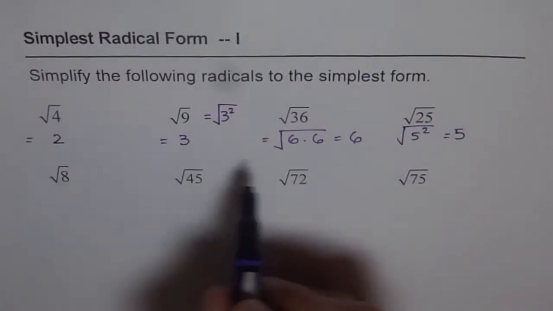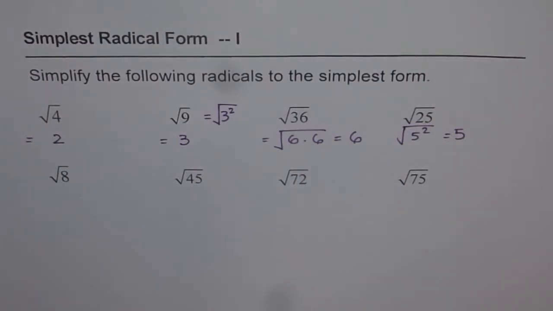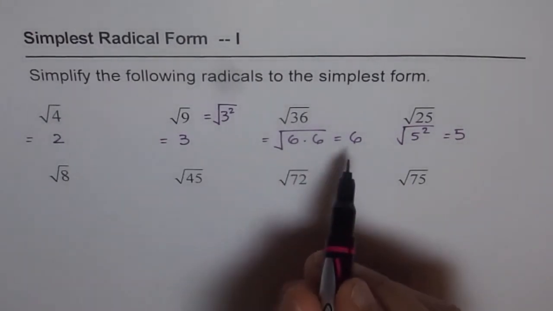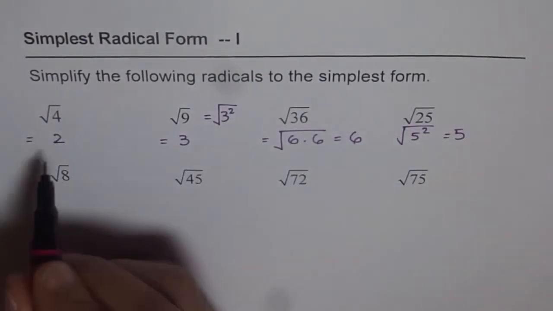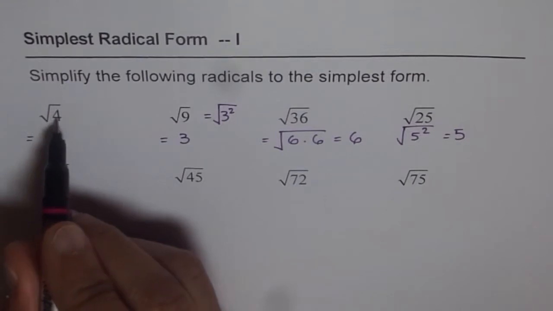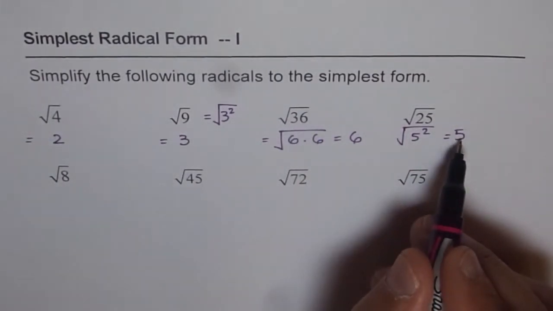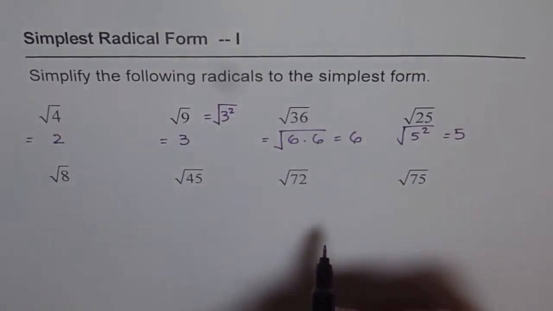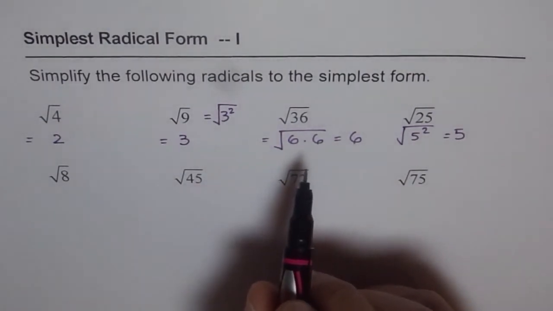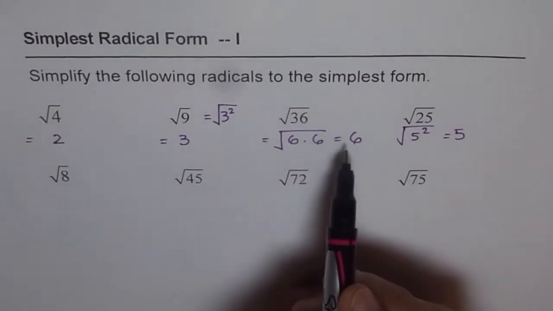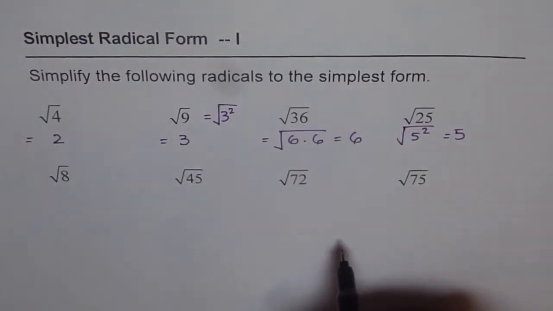Well, in the first row, it is very interesting to see that all the answers you see are whole numbers: 2, 3, 6 and 5. What is 2 squared? 2 squared is 4, 3 squared is 9, 6 squared is 36 and 5 squared is 25. So you have seen that at times when you simplify radicals, you may land up with numbers which are not radicals, right?